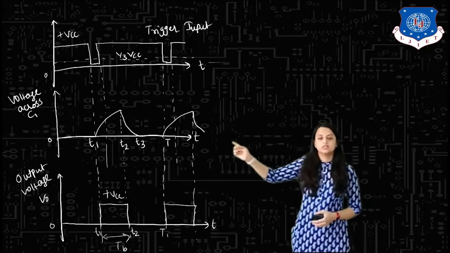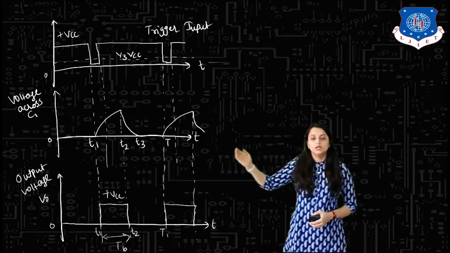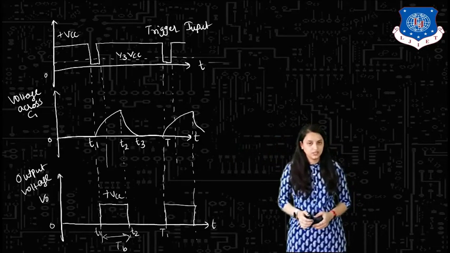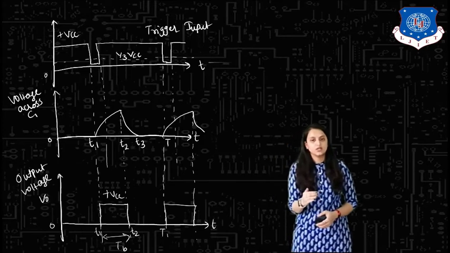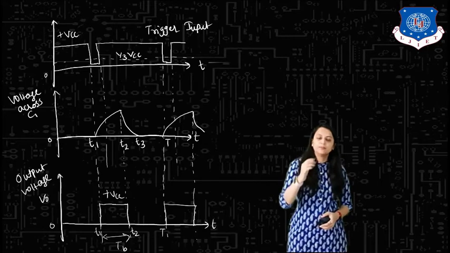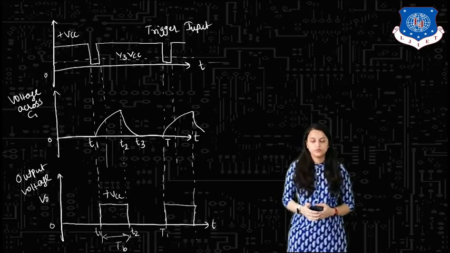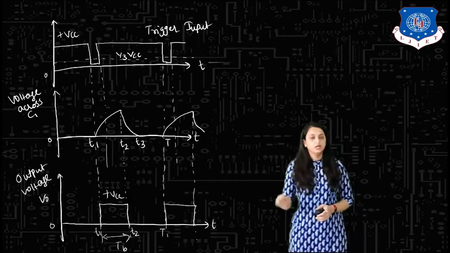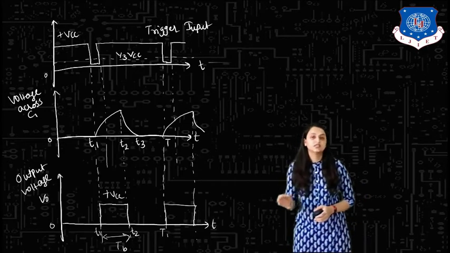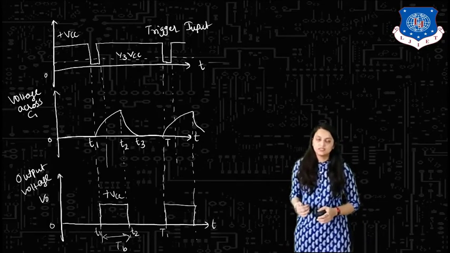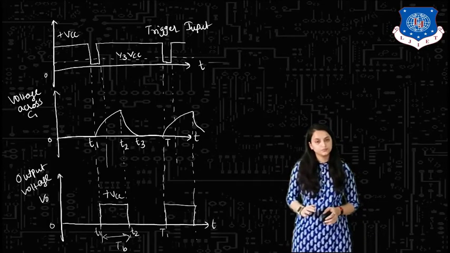As you can see, voltage across C1 from T1 to T2, the capacitor is in charging condition. Then it starts discharging in the instant T2 to T3. Likewise, it happens for the next cases. So here the output voltage appears in the instant where the capacitor is in charging condition. Whenever capacitor is in discharging condition, output is 0.